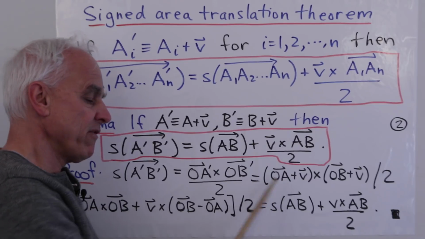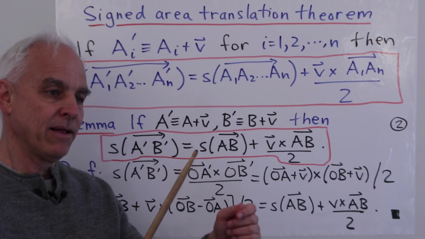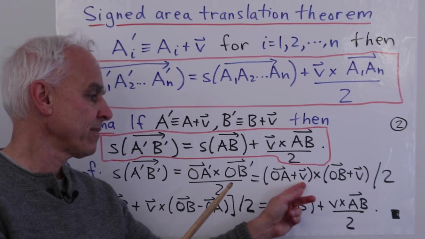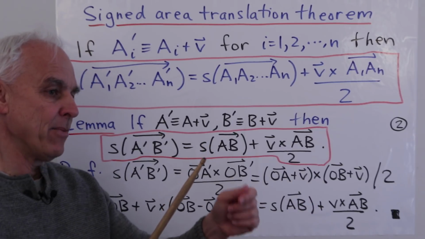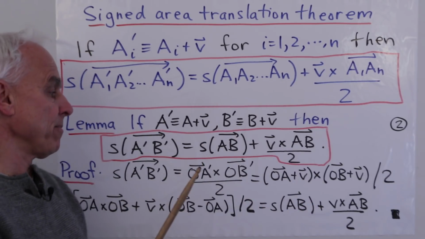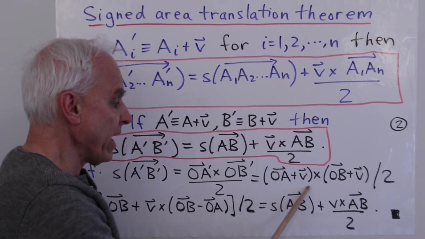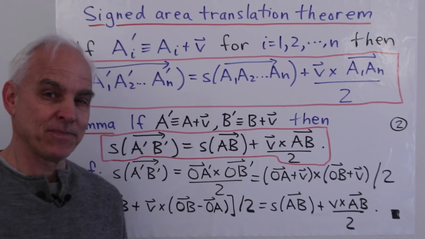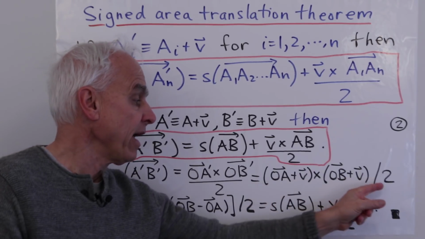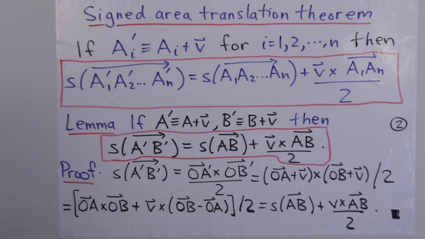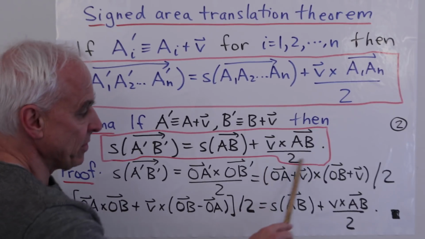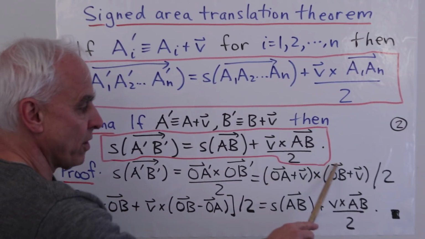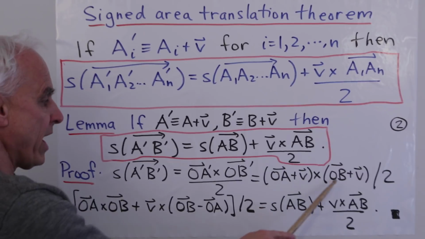Well, that's the sum of the vector OA and the vector V. We go from O to A and then we add V, and that's how we get to A prime. So OA prime is OA plus V, and similarly OB prime is OB plus V. So we have to take that cross product and divide by 2. Okay, now the distributive law applies, and we get 4 different products. We get OA cross OB.